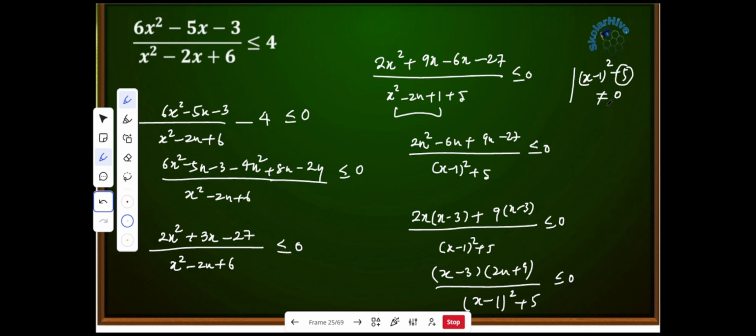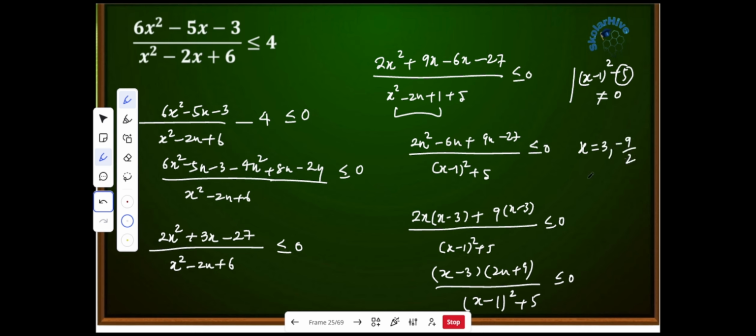The denominator will not give us any critical point, so we just have to equate the numerator to 0. From the numerator, x − 3 = 0 means x = 3, and from the other factor we get −9/2. So the critical points are 3 and −9/2.